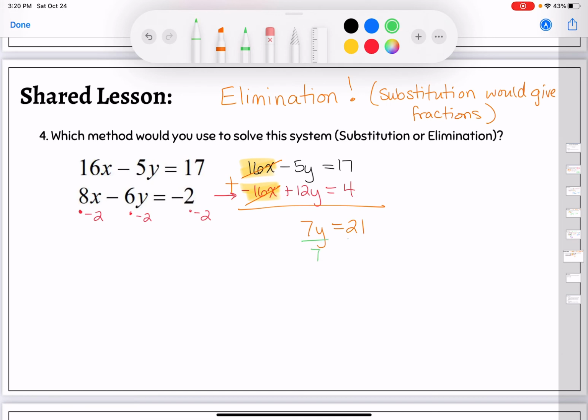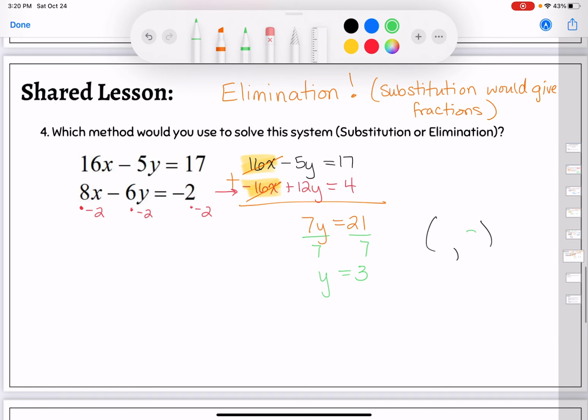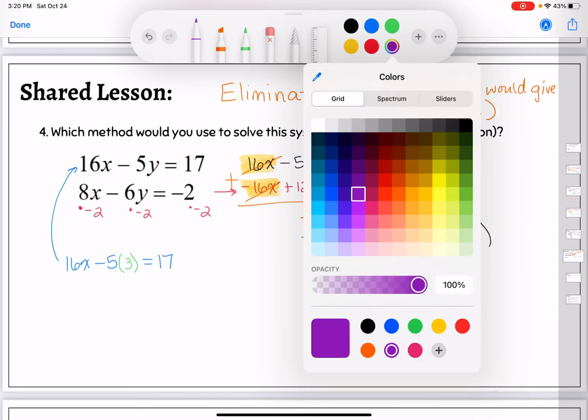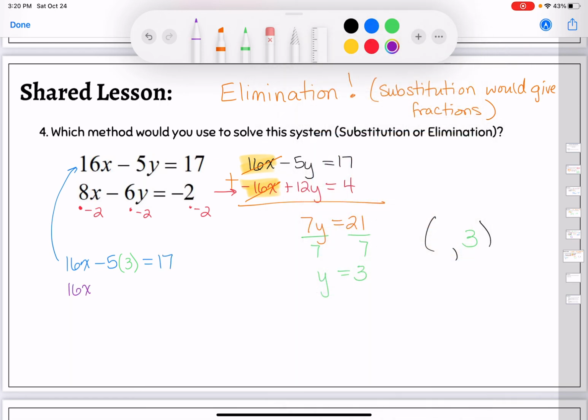Divide both sides by 7. I get y equals 3. So in my point, the y coordinate is 3. And now I can plug back into either equation. It doesn't matter. Top, bottom, whatever. Let's go top. So I get 16x minus 5 times 3, because I just found that y equals 3, equals 17. 16x minus 15, because I did 5 times 3, equals 17.